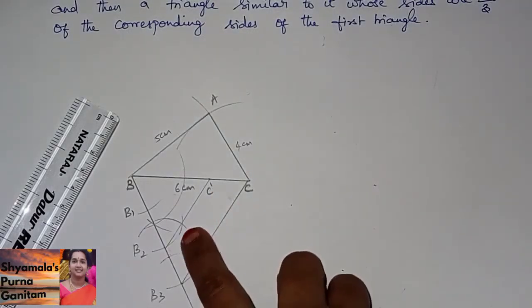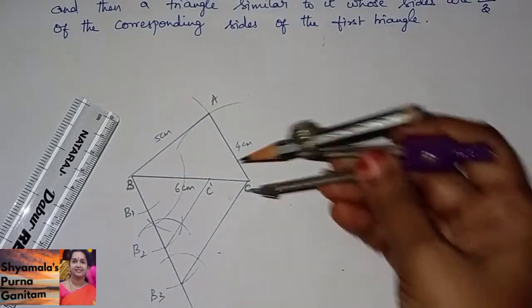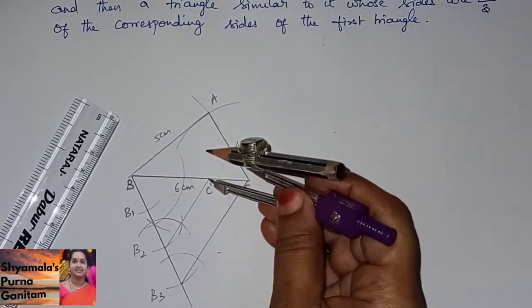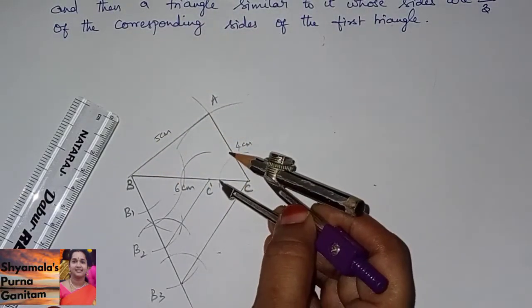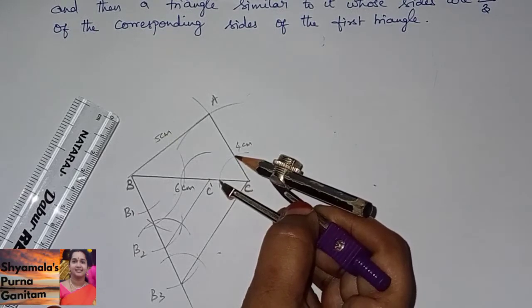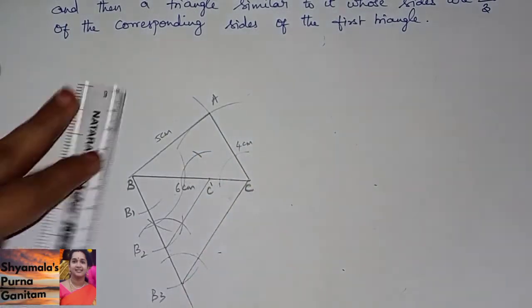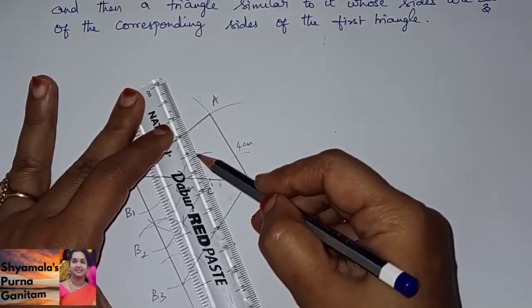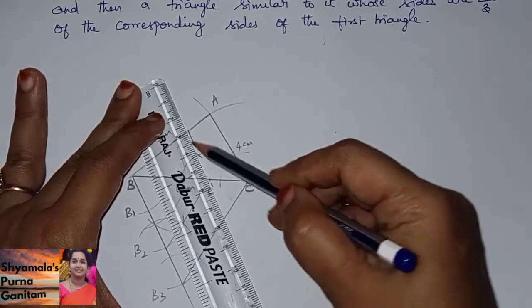The same procedure we have to do above also. So with C, any measurement, I'm cutting an arc. Then with C dash, with the same measurement, I'm cutting an arc. Then I am measuring the angle here. The same angle I need to get here. Then if I join C dash and this point, it will meet AB at B dash.